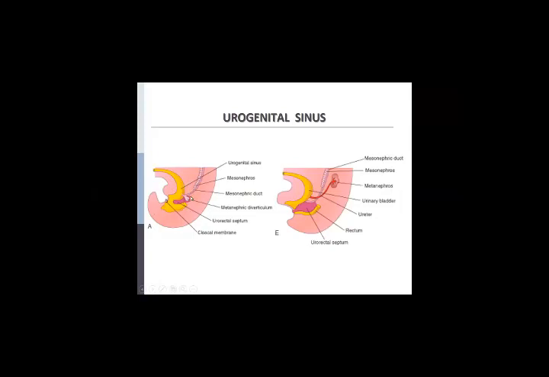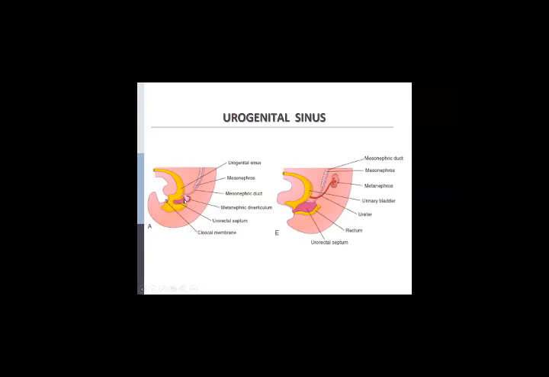Now, a block of mesenchyme called the urorectal septum develops from the surrounding mesenchyme. This block of mesenchyme bumps into the dilated cloaca and begins to divide the cloaca into two.